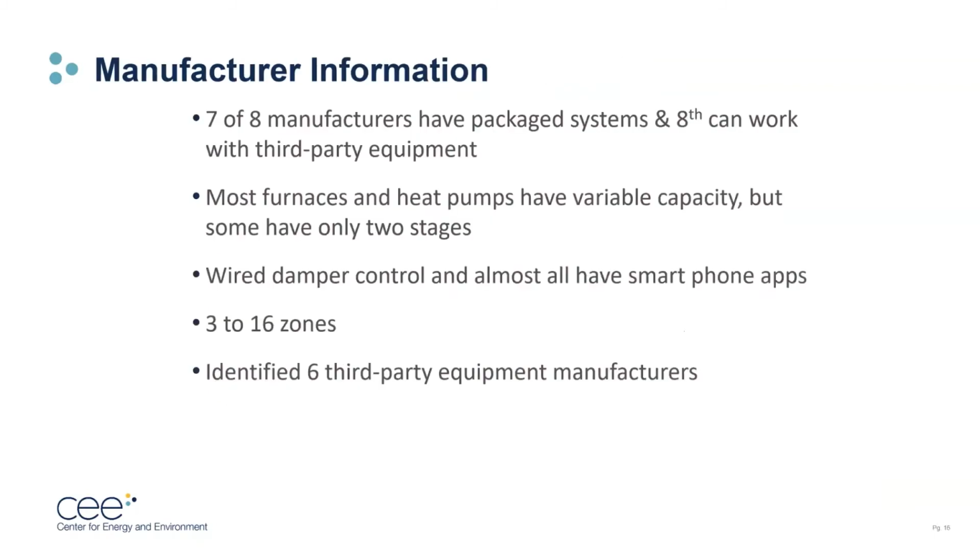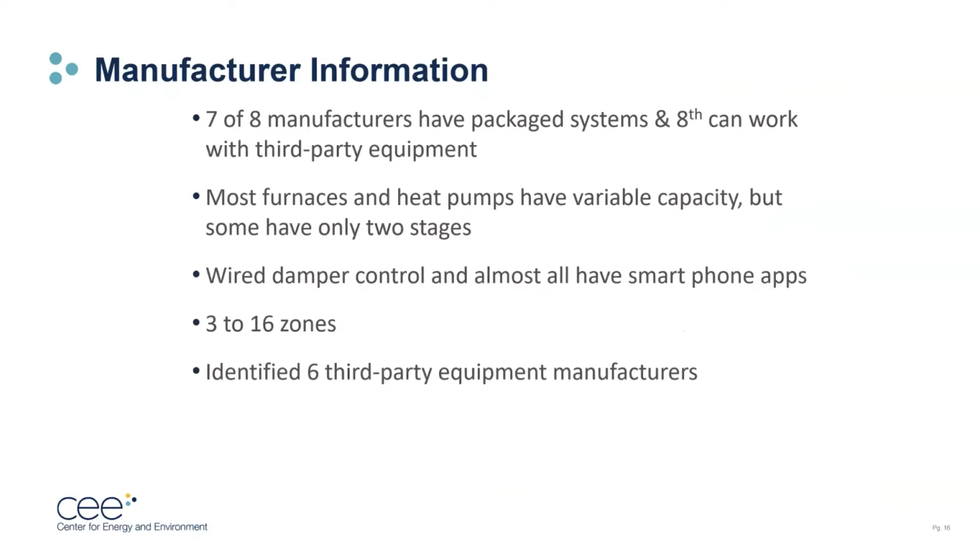So as far as the information that we got from manufacturers, we reviewed product information from 8 major manufacturers and found that 7 had packaged zoning equipment, and the 8th has systems that can work with third-party manufacturer zoning equipment. So really, all 8 major manufacturers have zoning systems.